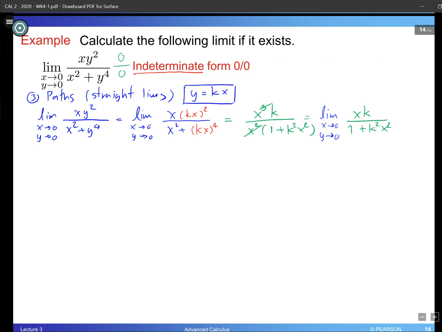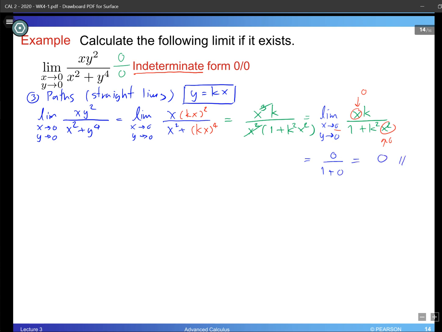We have to bring the limit back. Since this limit has x approaching 0, we are going to put 0 in here and 0 in here. So what do we get? In the end, we have 0 divided by 1 plus 0, and this is equal to 0.